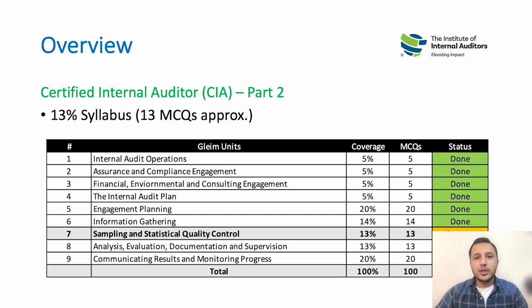Here you can also see the percentages of coverage, or this is a rough estimation of how many MCQs come from each unit in CIA Part 2 exam. So this unit, the CIA Unit 7, approximately comprises of 13% of the syllabus, and approximately 13 MCQs come from this unit.